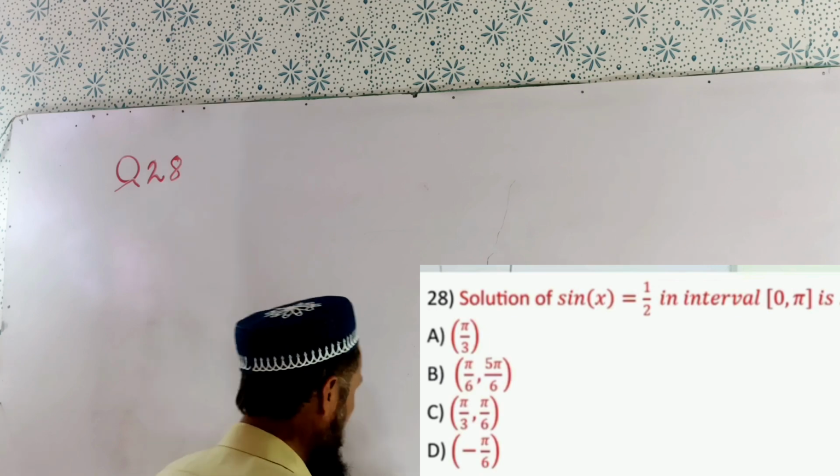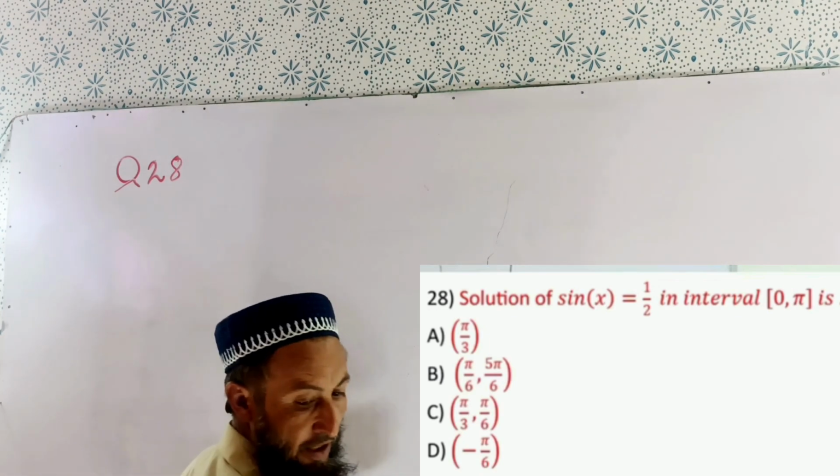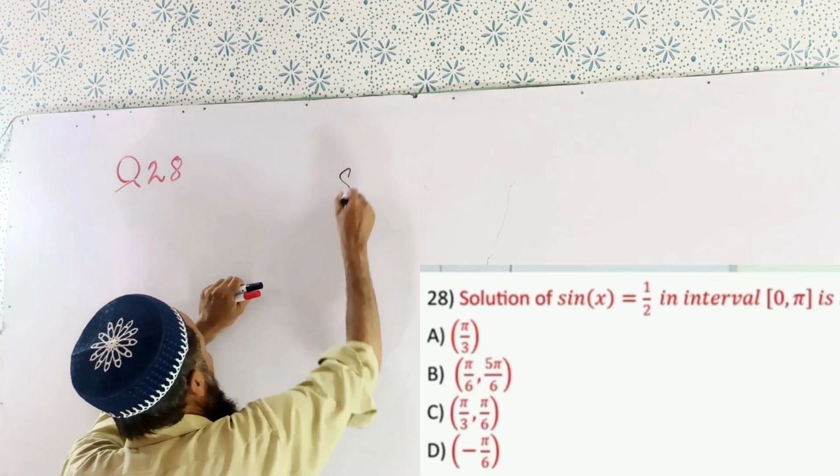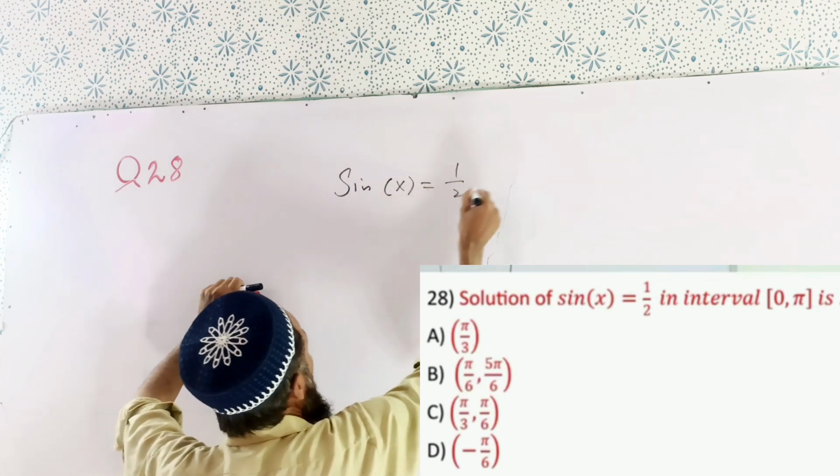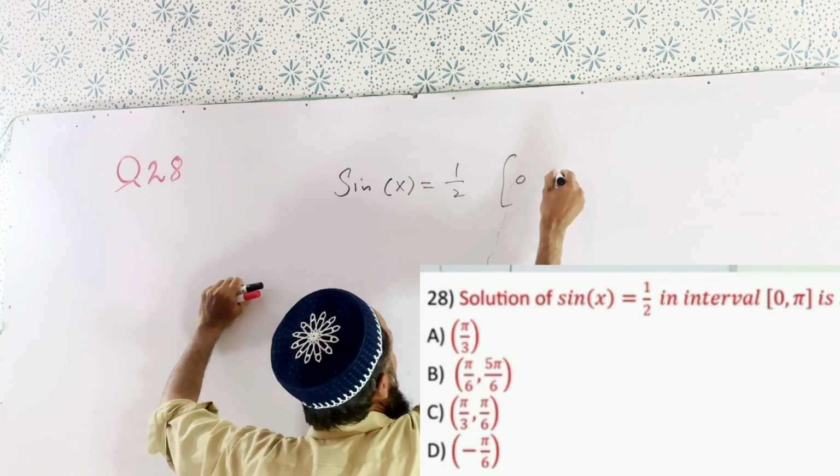Solution of sin x is given: sin x is equal to 1 over 2 in the closed interval 0 and pi.